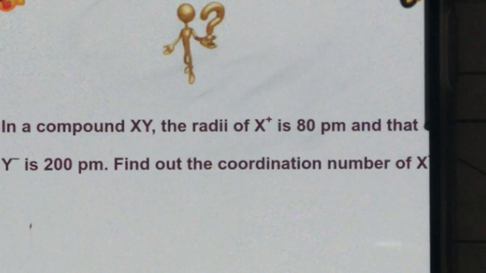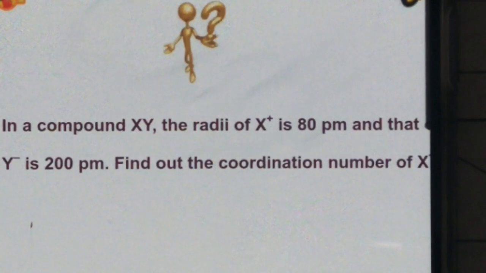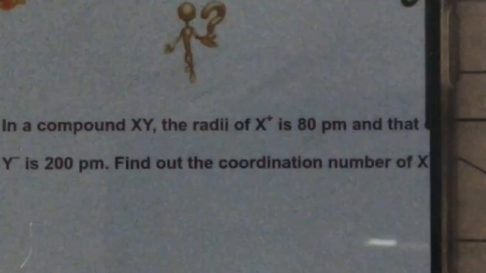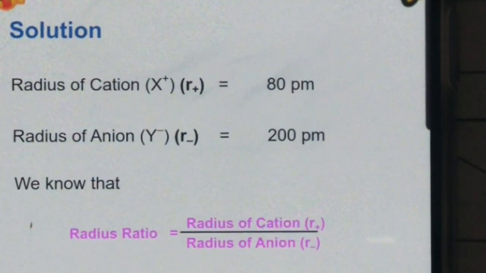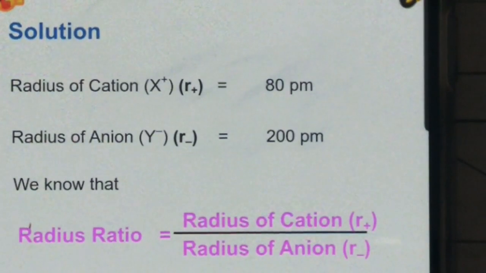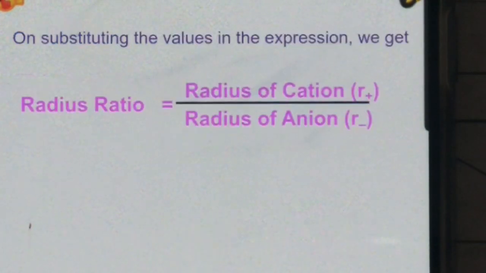Now, let us solve this problem. In a compound XY, the radius of X plus is 80 picometer and that of Y minus is 200 picometer. We need to find out the coordination number of X plus. We know that radius ratio is equal to the radius of cation upon the radius of anion.